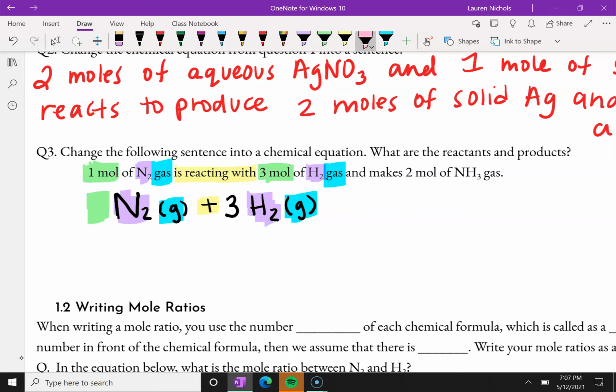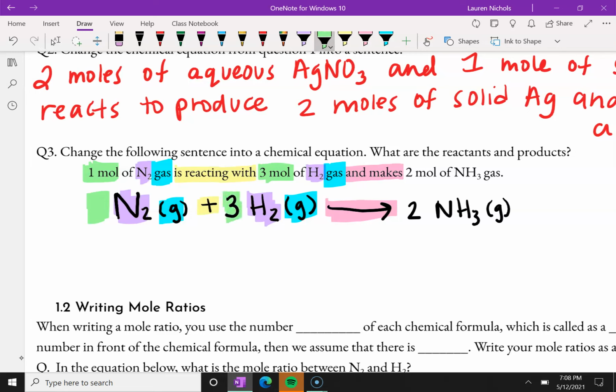And it says, "and makes." Anytime you're separating what you were reacting together from what you're making, that is your arrow. You're saying that the nitrogen and the hydrogen are coming together and they make, in this case, one thing. They make 2 moles of NH3 gas, which again is that G in parentheses.